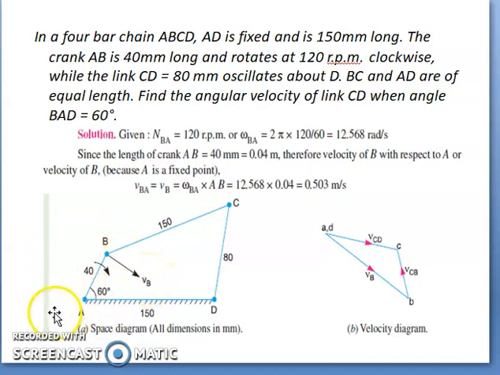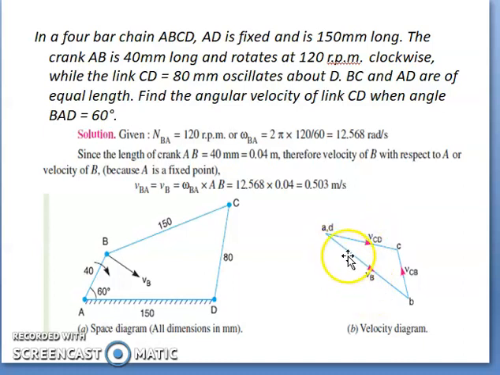So you can see that the velocity of B is perpendicular to AB. If AB is making an angle of 60 degrees with the horizontal, then its perpendicular will make an angle of 30 degrees with the horizontal. So from the point A, draw a line VB making an angle of 30 degrees.